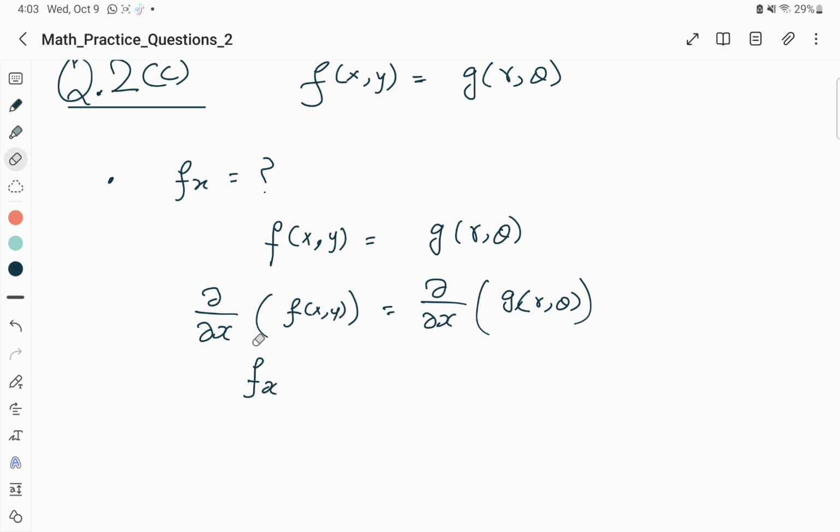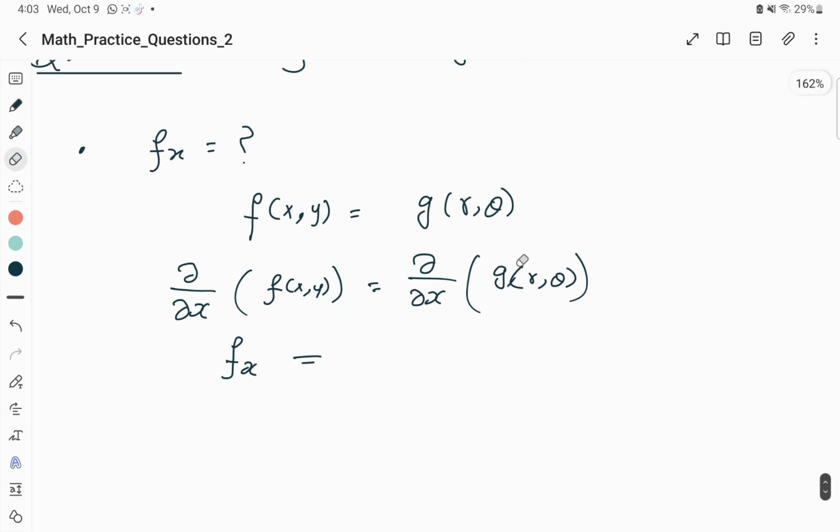That is just an alternate notation for this one. On the right hand side, it is clear that g is depending upon r and theta, and of course r and theta are in turn depending upon x and y as well. So this time we are finding the derivative of g with respect to x, but in the very first side we can't see x over here, so here we apply the chain rule.